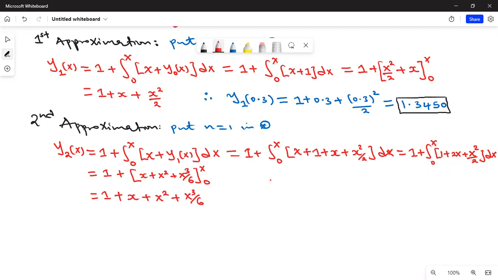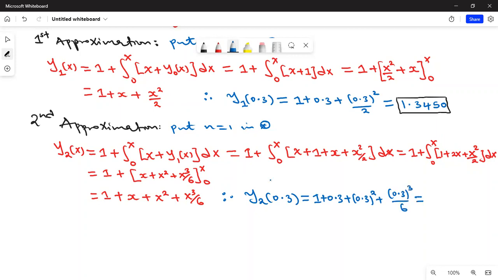Now let's evaluate that at x equal to 0.3. So you can say, therefore, y2 when x is 0.3. Just substitute. That is 1 plus 0.3 plus 0.3 squared plus 0.3 cubed over 6.